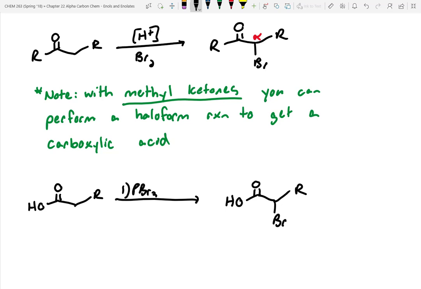PBr3, phosphorus tribromide, and elemental bromine in step 1. And then step 2, we need to pop off the halogen and get it back to the OH for the carboxylic acid. And that can be done just with water. So this is a relatively straightforward reaction for alpha halogenation of a carboxylic acid. Make sense?